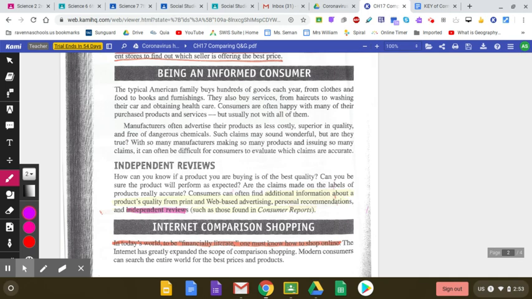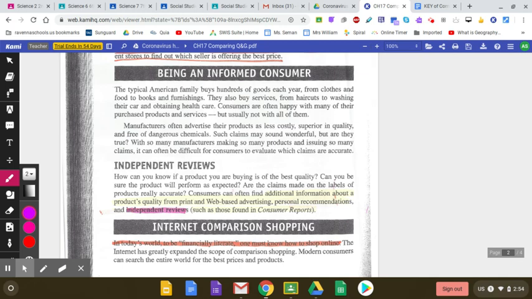Manufacturers often advertise their products as less costly, superior in quality, and free of dangerous chemicals. Such claims may sound wonderful, but are they true? With so many manufacturers making so many products and issuing so many claims, it can often be difficult for consumers to evaluate which claims are accurate.